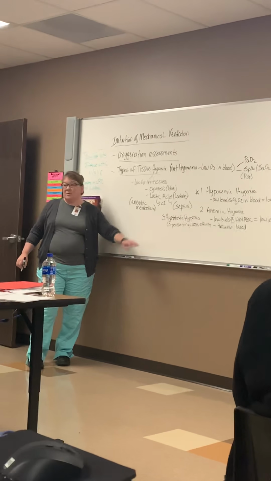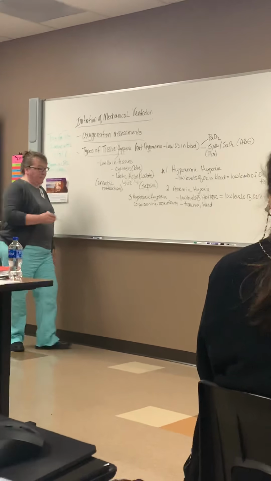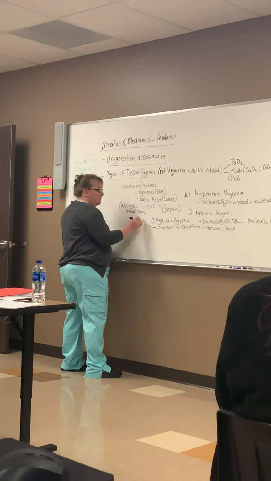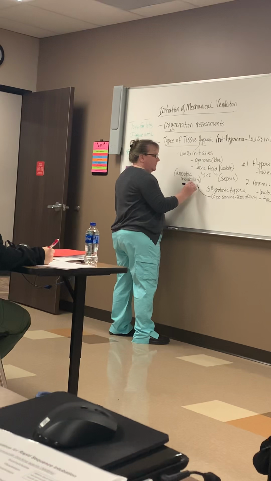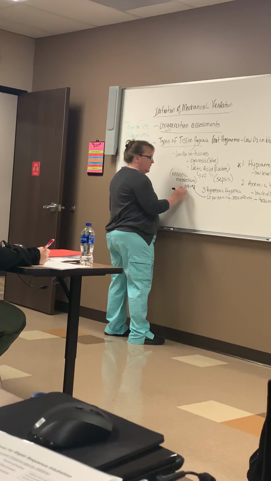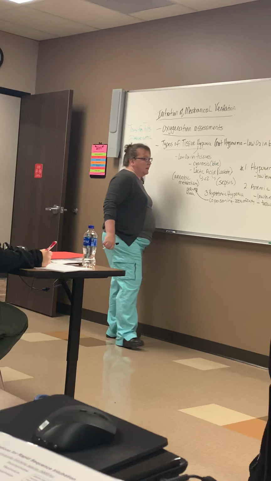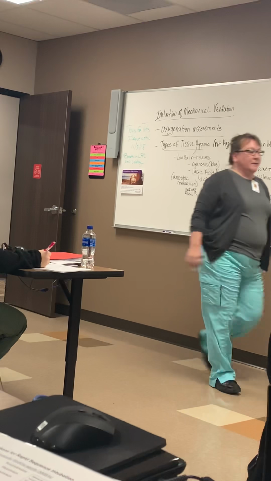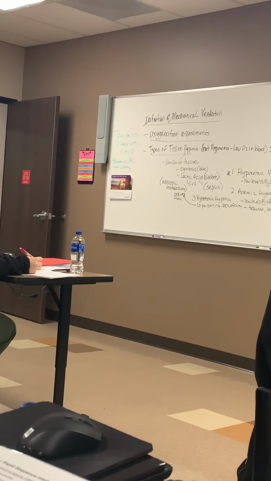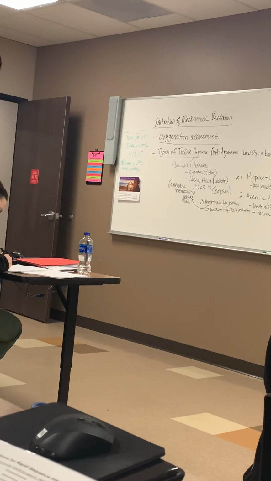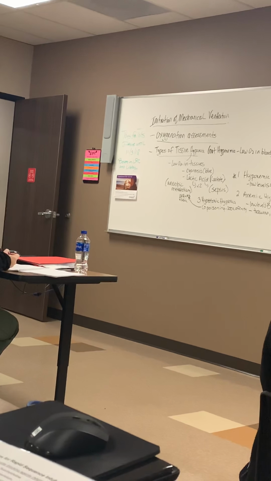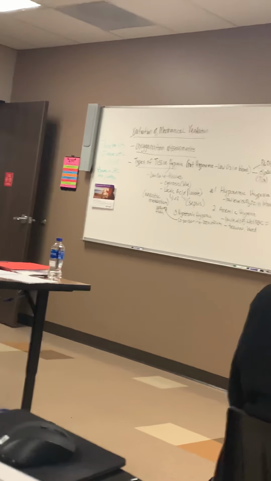What do we do for patients with CO poisoning? Flush. How much? 100%. How high? 15 liters. Why do we do that? Because CO has a half-life of 4 to 5 hours, and 100% oxygen reduces the half-life to just 1 hour, so it flushes it out of the body.